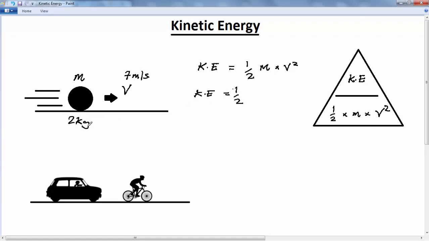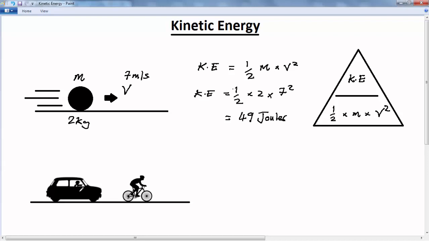You must make sure that you convert grams into kilograms. Examiners will deliberately try and trick you there. So times 2 times the velocity squared, which is 7 squared, that means 7 times 7, which is equal to 49, and units, joules. It's a form of energy.